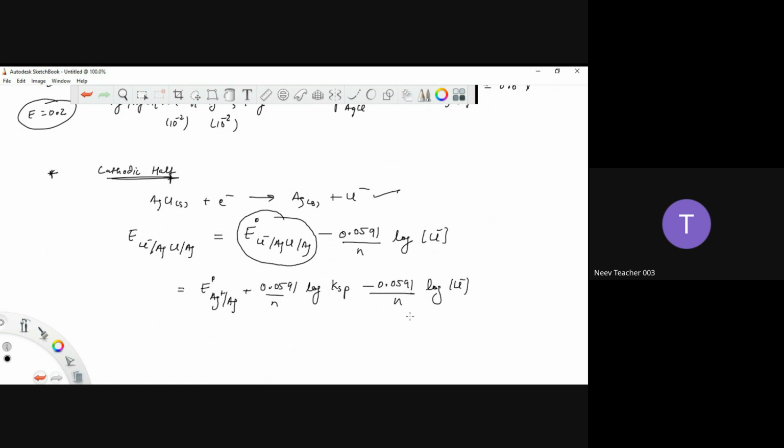Now, if I utilize the log property and take this 0.0591 common, it becomes E naught Ag plus Ag, and let's say I have taken minus 0.0591 common, then it becomes log of Cl minus over KSP. Correct.